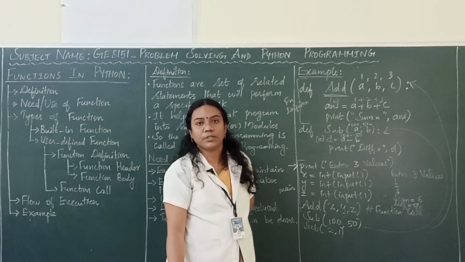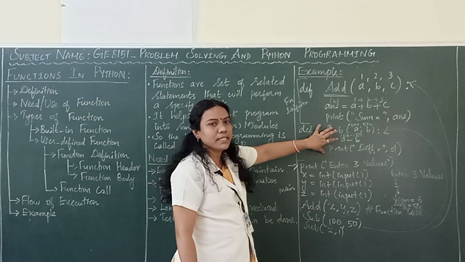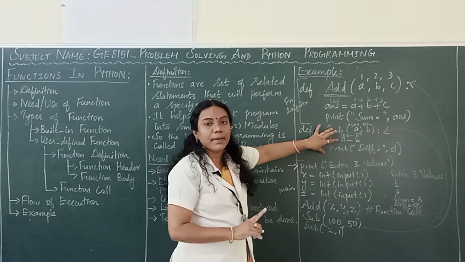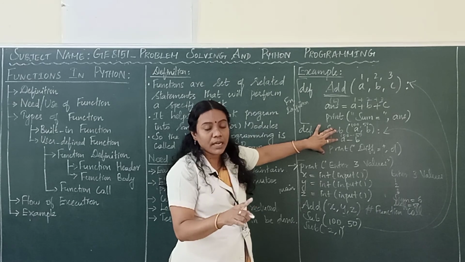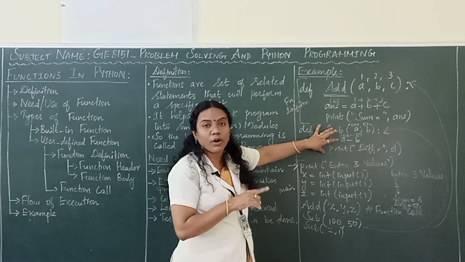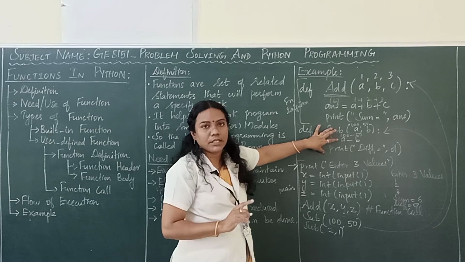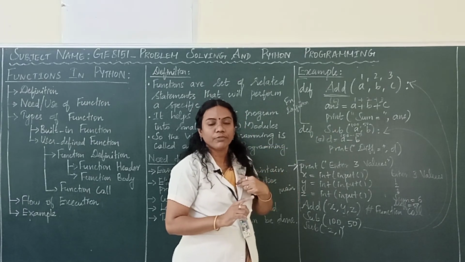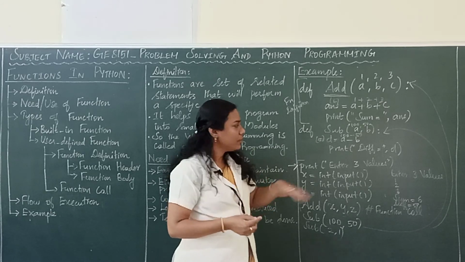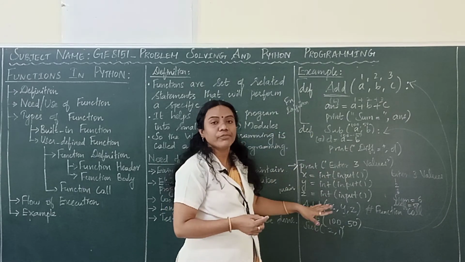It is possible, okay. So, the same function is defined once and it can be called n number of times. It is called modular programming, as well as it is the concept of code reusability. I was writing the code once, right, but I can call the function n number of times, okay. So, this is the concept of function.